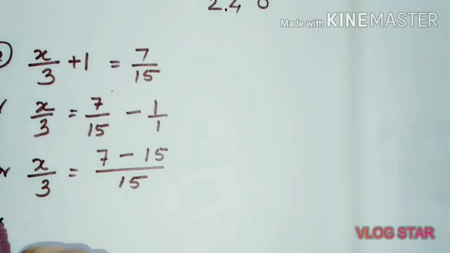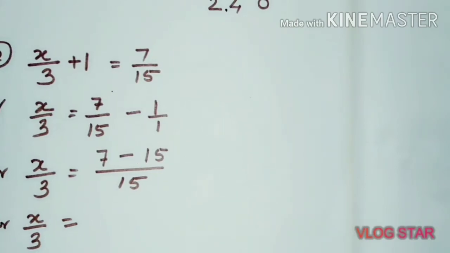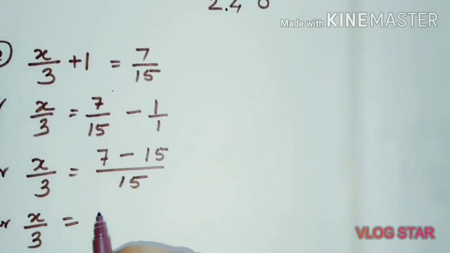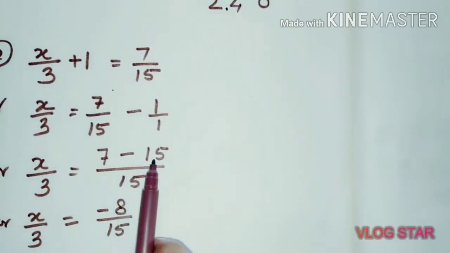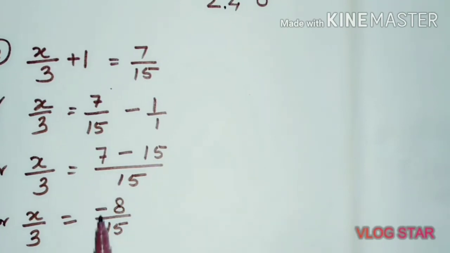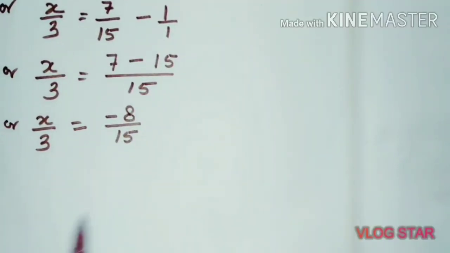Now 7 minus 15 is minus 8 upon 15. Because the minus sign is with the 15, as 15 is greater than 7, this is equal to minus 8 upon 15.